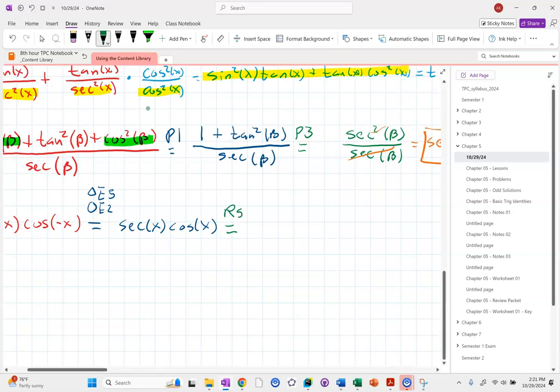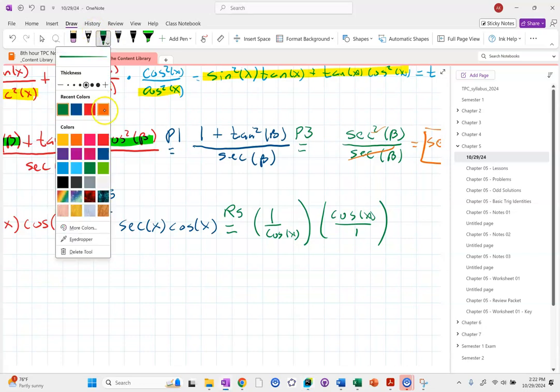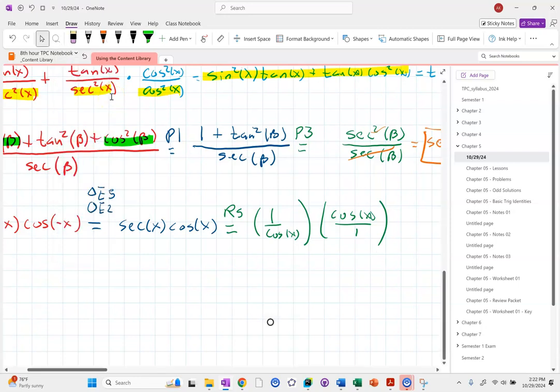R5 allows us to rewrite secant as 1 over cosine. So we could think about it that way. And next, Mira, what happens? The cosines cancel out. Great. And what are we left with? 1. 1. Thanks, Mira.